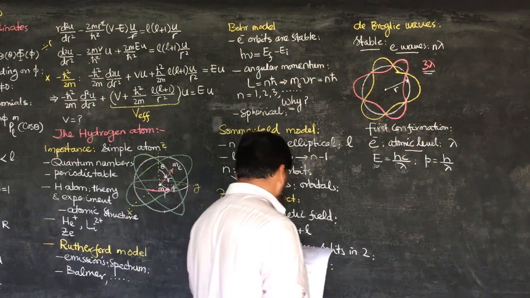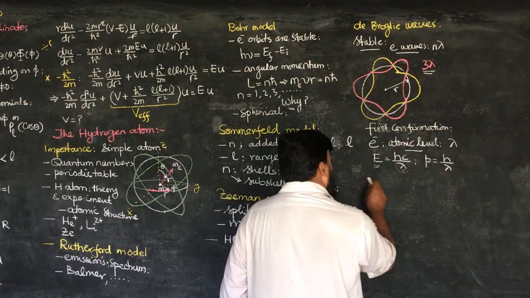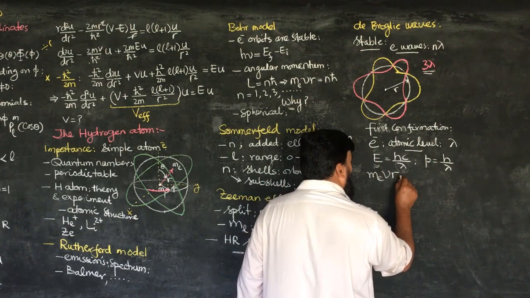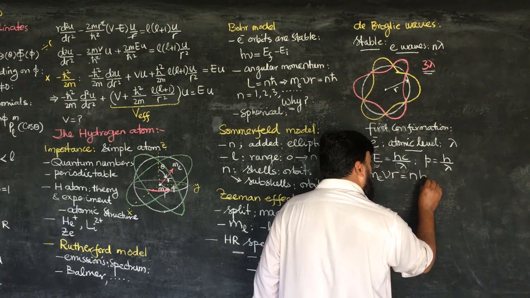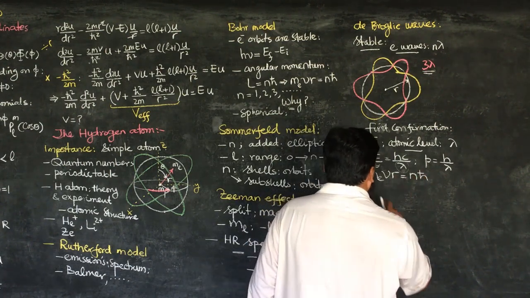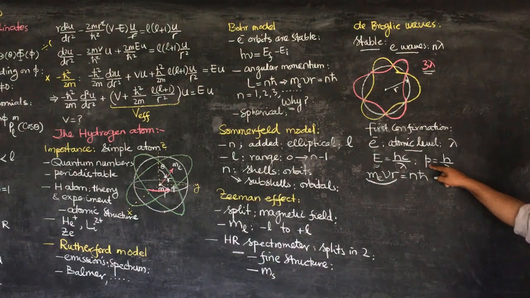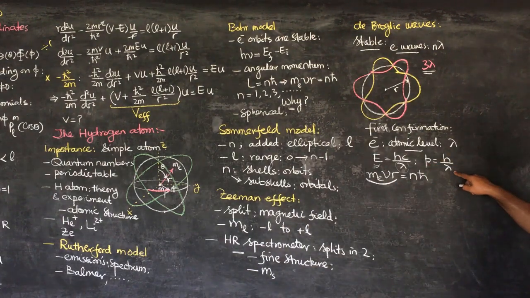And what he wrote is actually m_e v r equals n h bar. On this side, the angular momentum comes from h over lambda.